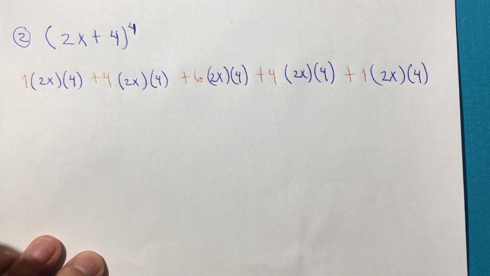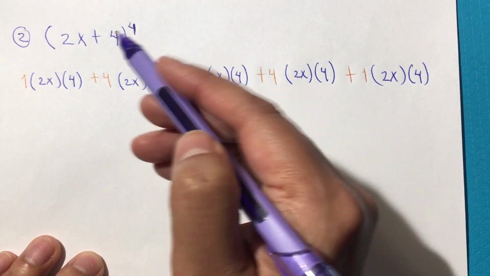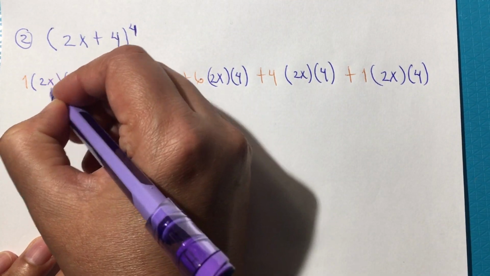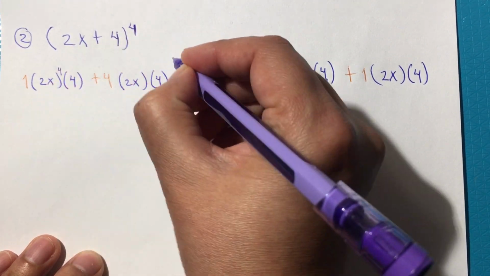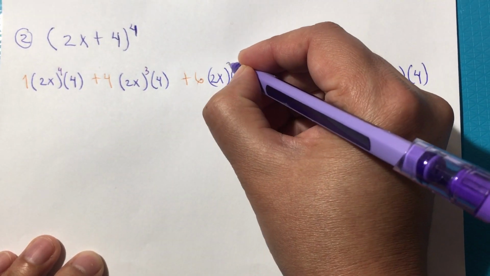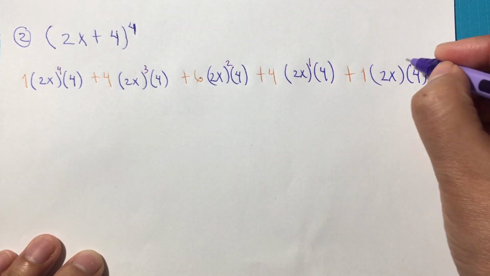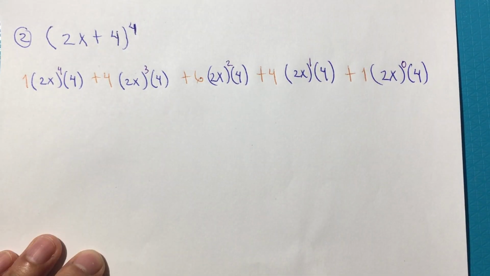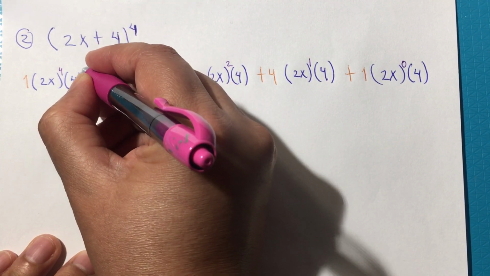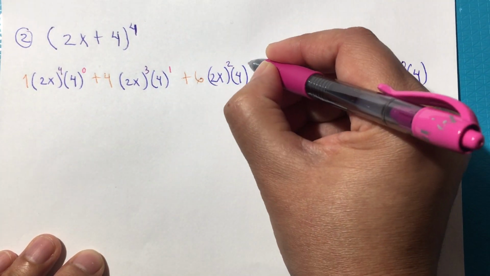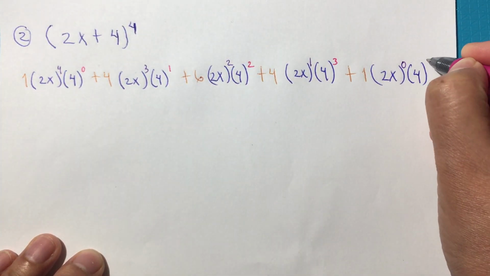Then for the exponents, again, the exponent is 4, so we start with the first, with A, with that exponent: 4, 3, 2, 1, 0. For the second one, it's going to be 0, 1, 2, 3, 4.